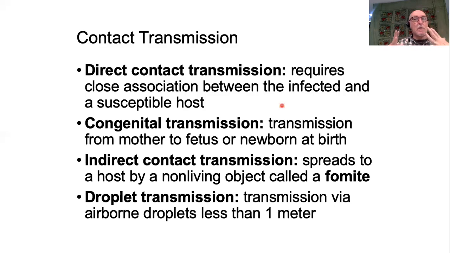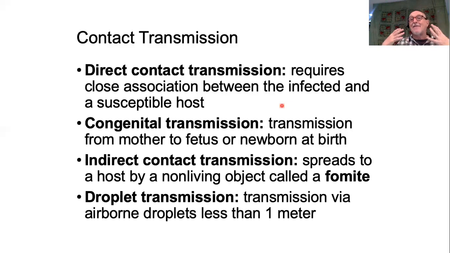The last one is one which should concern us very much nowadays, and this is droplet transmission. When we speak, even if you're not speaking loudly, even if you're breathing, for example, with your mouth open, we produce a fog of very small droplets of moisture the whole time.